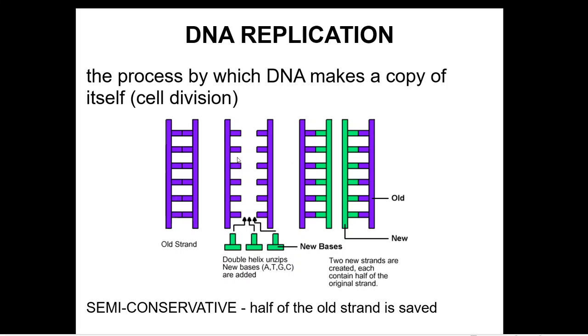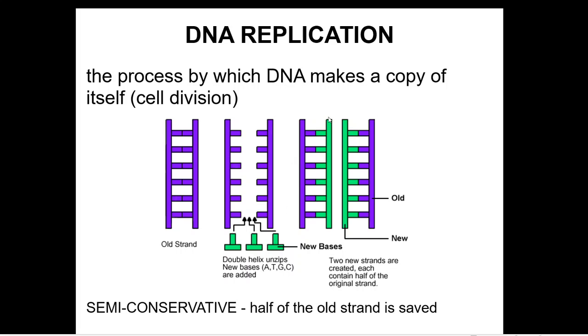And then what the body does is it brings other enzymes in and it starts to pair up again. So you know that if this was an A and this might be a T, right? So now we have an A on this side and a T on this side. It's going to separate, then it's going to come in and match the bases again. So then in the end, we have 2 copies of our DNA. But each copy has one old piece and the new piece it just made.